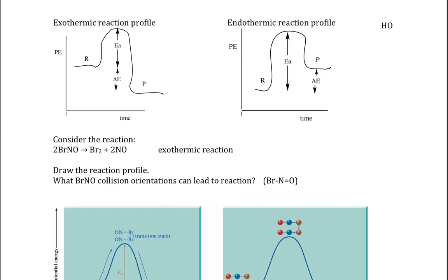Remember from Chem 1, exothermic and endothermic reactions. In exothermic ones, the reactants are at higher energy than the products. So we would draw reactants at higher energy than products. In an endothermic reaction, reactants are at lower energy than the products. Remember from Chem 1 that delta E or delta H represents the energy or enthalpy change between the reactants and the products. So that part is just the same as we had back in Chem 1.